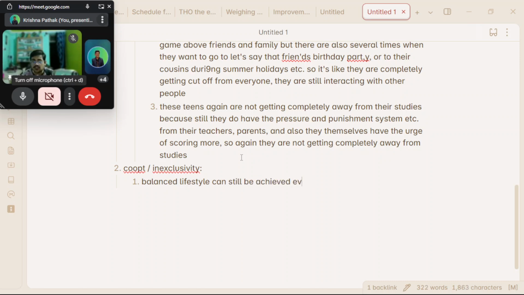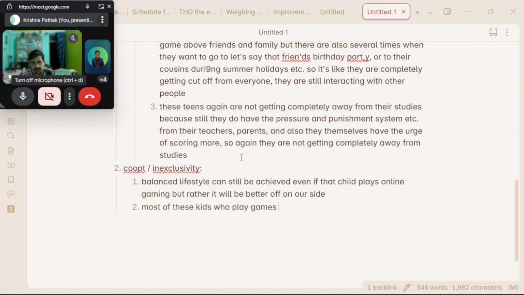even if that child plays online gaming, right? But rather it will be better off on our side. Why is that true? Because see, most of these kids who play games are not the ones to be doing it all day, right?